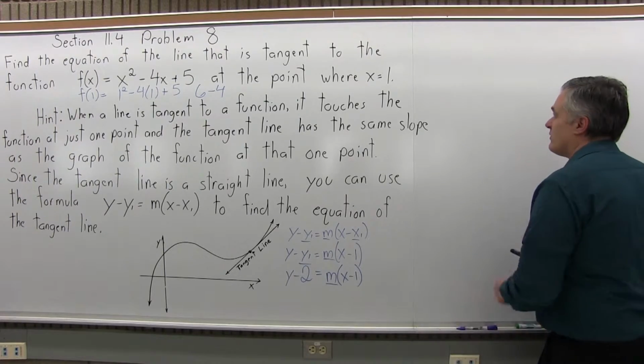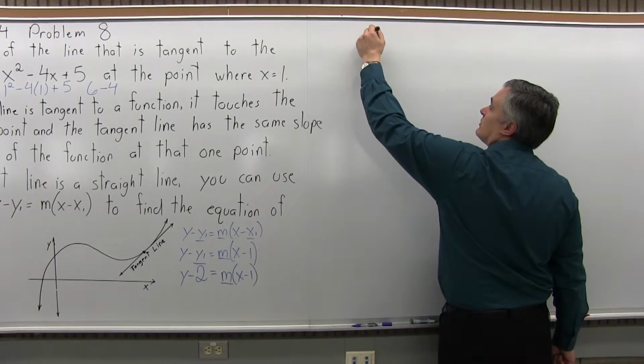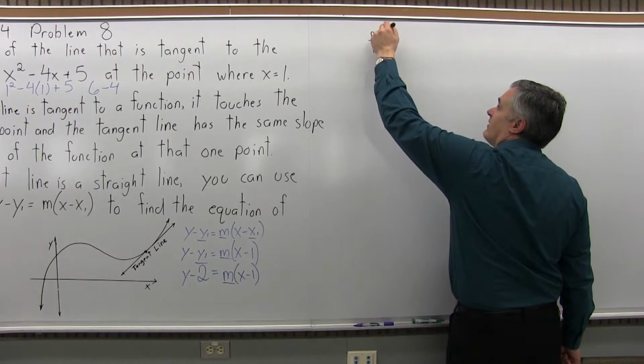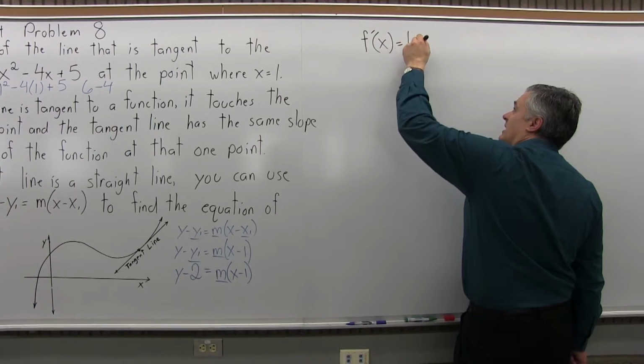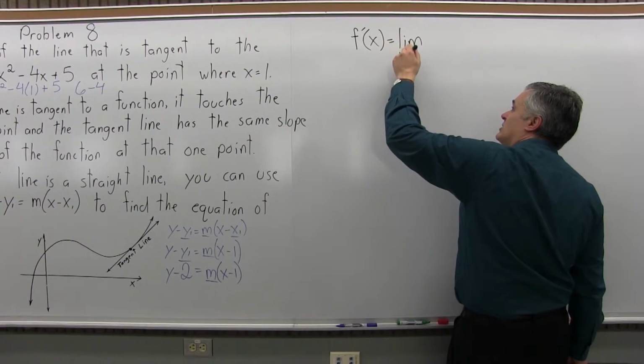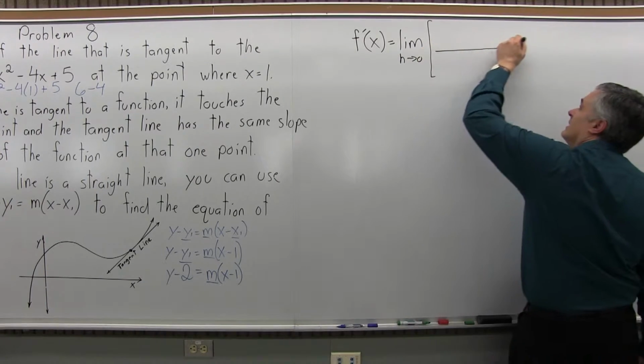So let me write the formula for the derivative and start putting in values. So the formula for the derivative, f prime of x, that's the notation for derivative, equals the limit as h approaches 0 of that formula.